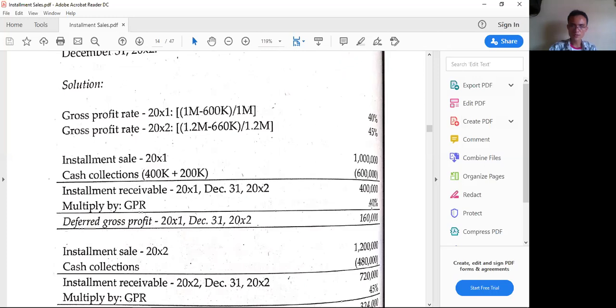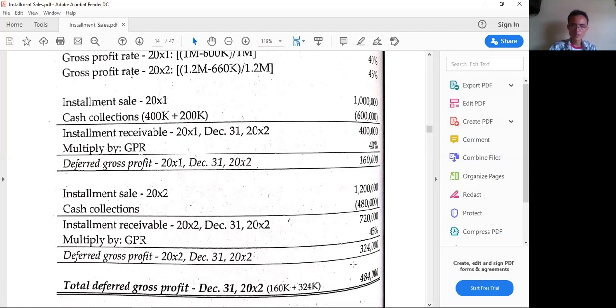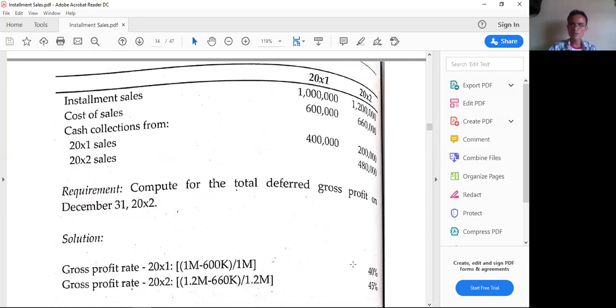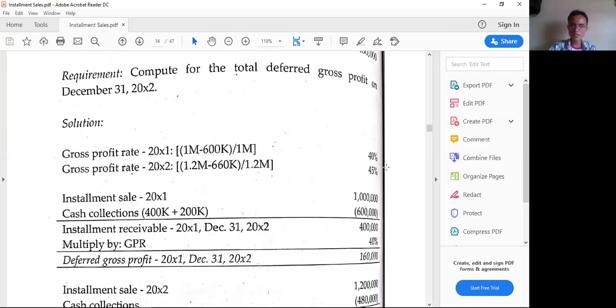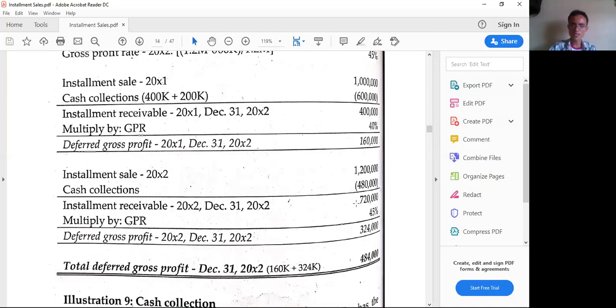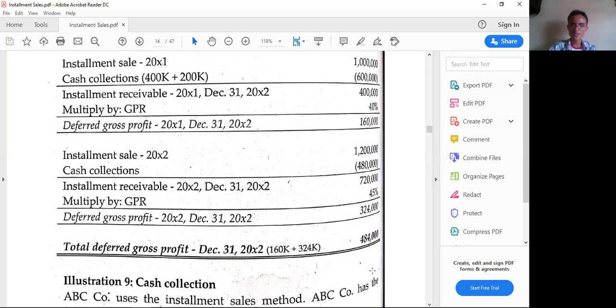So 400,000 times 40%, 160,000. While for 20x2 sale at the end of the year, December 31, 20x2, you have here 1,200,000 minus 480,000, and that is 720,000 times 45% equals 324,000, so that the total is 484,000. That is total deferred gross profit.